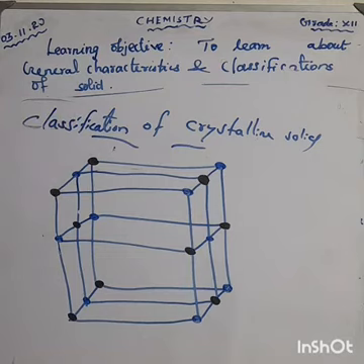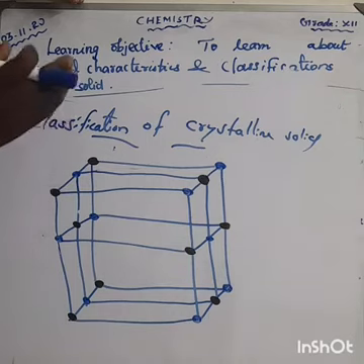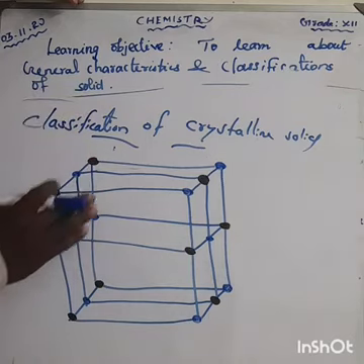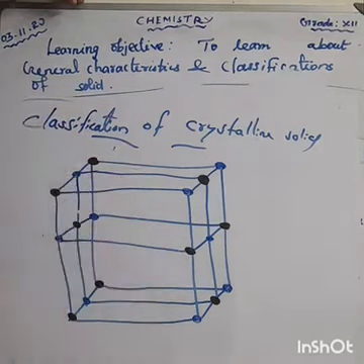What is an ionic solid? The structural units of ionic crystals are cations and anions. They are bound together by a strong electrostatic force of attraction.